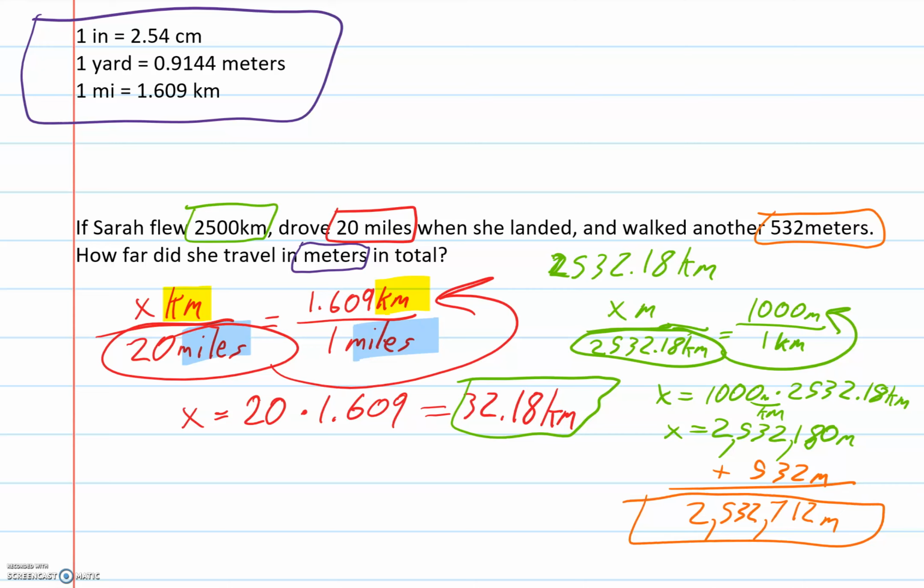So how many meters in total did Sarah travel? Well, 2,532,712 meters.